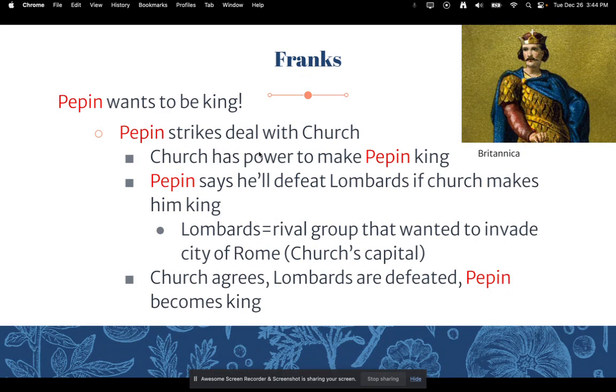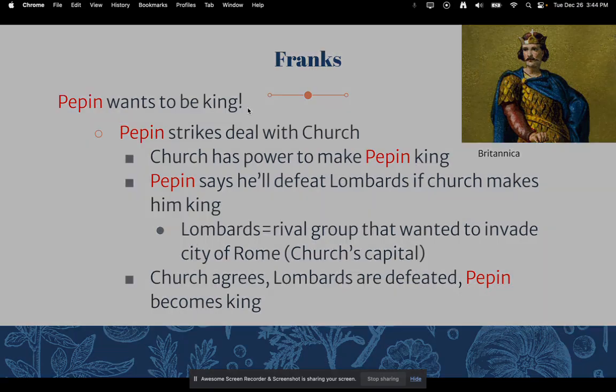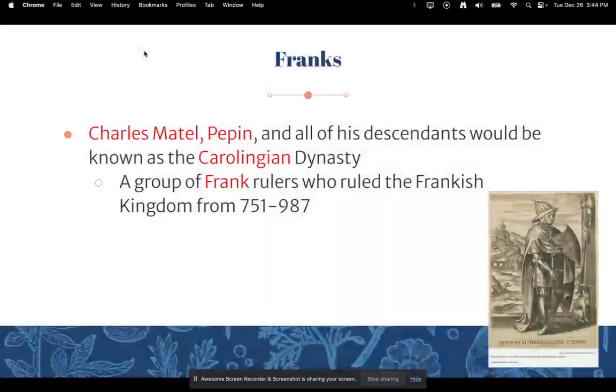So he strikes a deal with the Catholic Church. The church has the power to make Pepin king. And Pepin says he'll defeat the Lombards if the church makes him king. The Lombards were just a rabble group that wanted to invade the city of Rome. Again, that's the church's capital. So the church agrees. He defeats the Lombards, and Pepin becomes the king of the Franks.